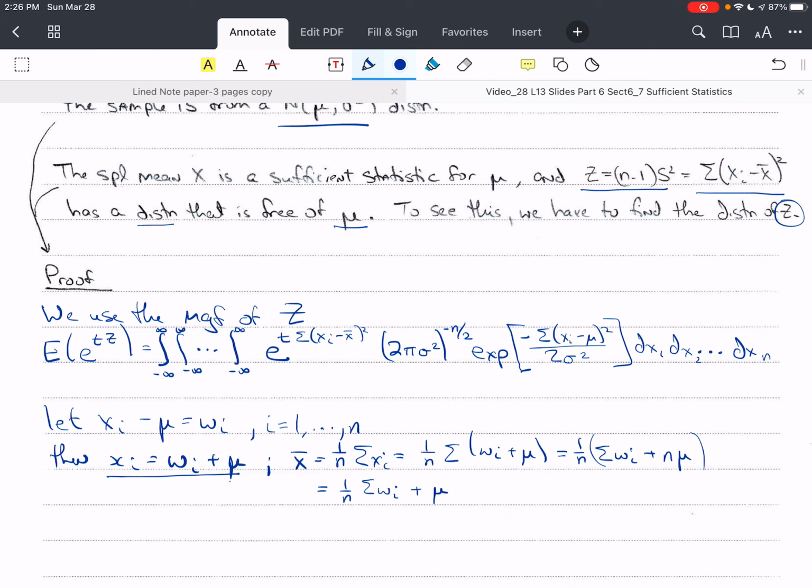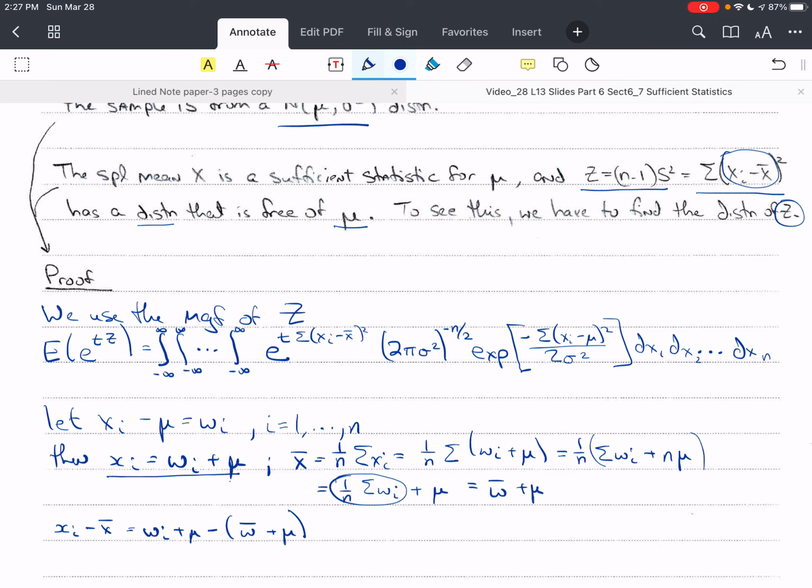Okay? Now, x sub i minus x bar, where is it? That's in here, right? So that's going to equal wi plus mu minus w bar. So I'm going to say this is equal to w bar plus mu, and then I'm going to substitute that in, w bar plus mu.